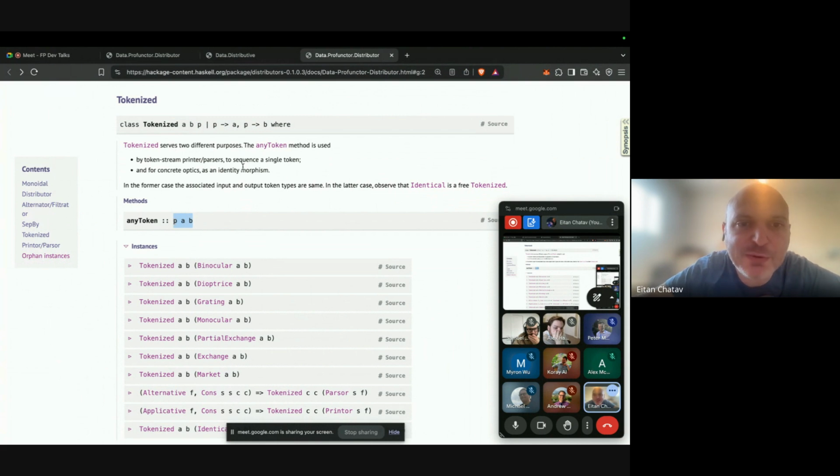And the main thing that we want to consider this for is for token stream printers and parsers, that when we sequence a single token of any classification. So this is like a wild card. Anything, any token will pass it. Okay?